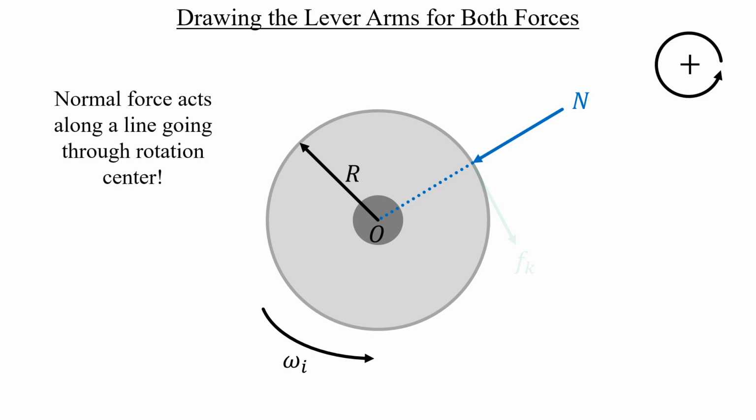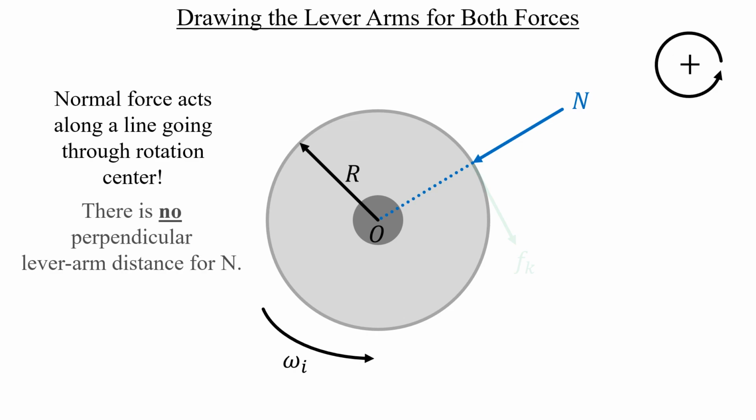Therefore, we are unable to create a perpendicular distance like we did before because there isn't one. When the line of action goes through the rotational axis, the lever arm has a length of 0. That's all that can really be said here for the normal force.